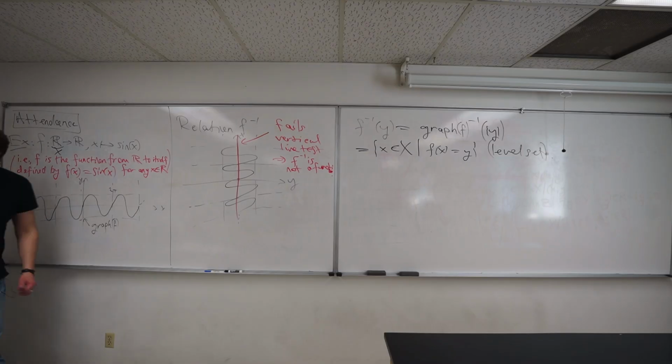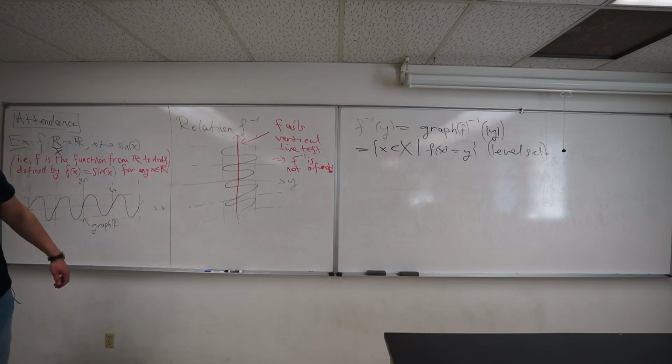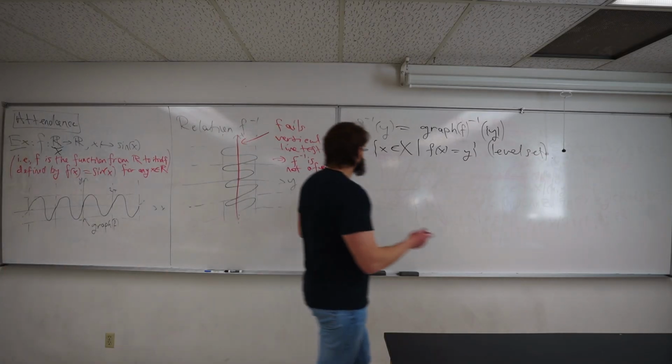Yeah. So for f inverse, the relation related to sine of x, can we write it as f inverse of sine of x? Would that be correct? Yes. But probably you want to say something like this.